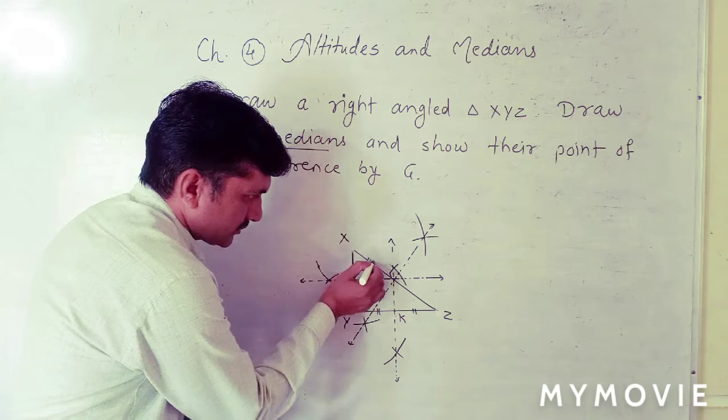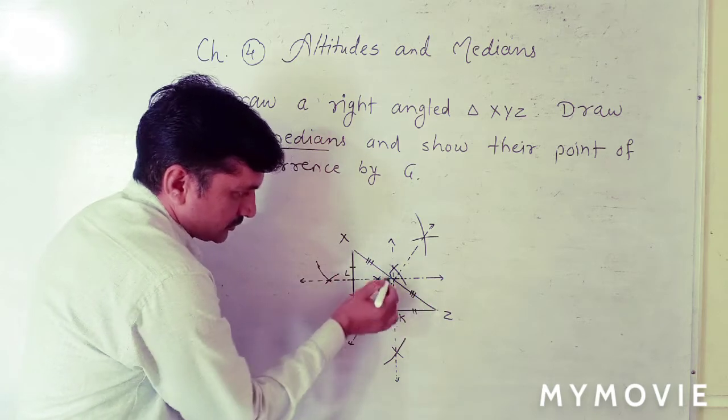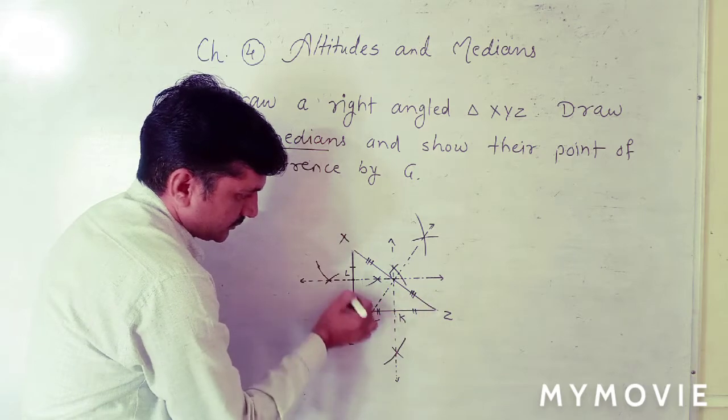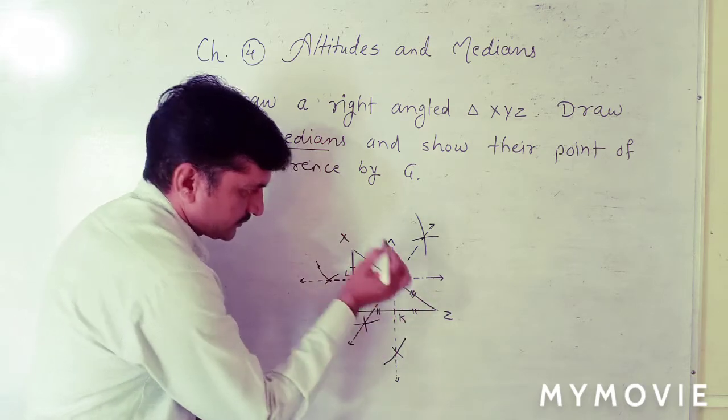Here I give a triple identical mark, and the midpoint is here. K, L, M. M I write here.